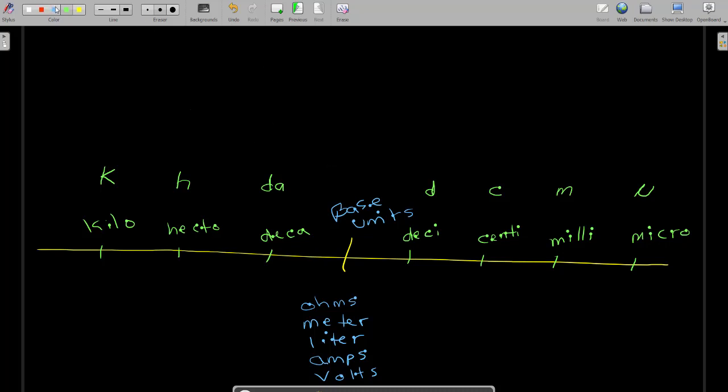These all have powers, so let's talk about the powers. This is 10 to the third power, 10 to the second power, 10 to the first power. Base unit is 1. This is 10 to the negative 1, 10 to the negative 2, 10 to the negative 3, and this one is 10 to the negative 6.